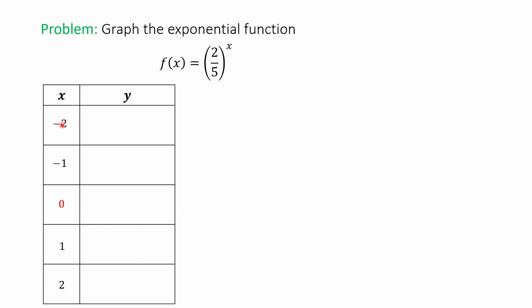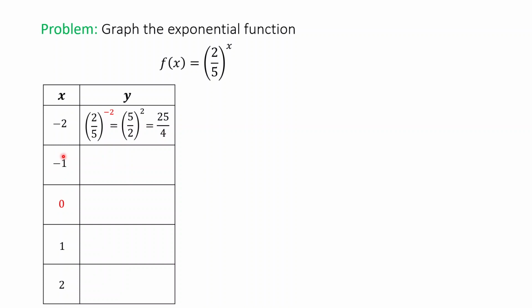Now substitute -2 for x. You get (2 divided by 5) to the -2. So this is equal to, make this positive by taking the reciprocal, (5 divided by 2) to the positive 2. This is equal to 5 squared, 25, over 2 squared, 4.